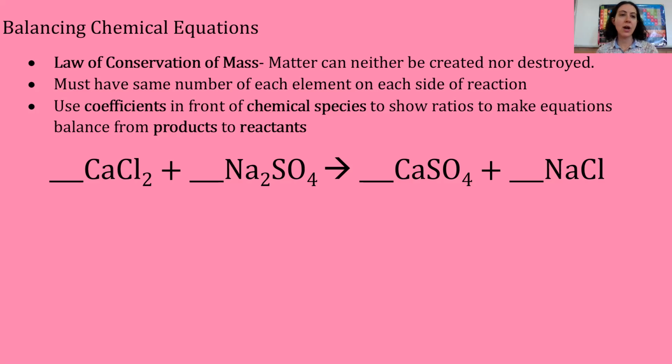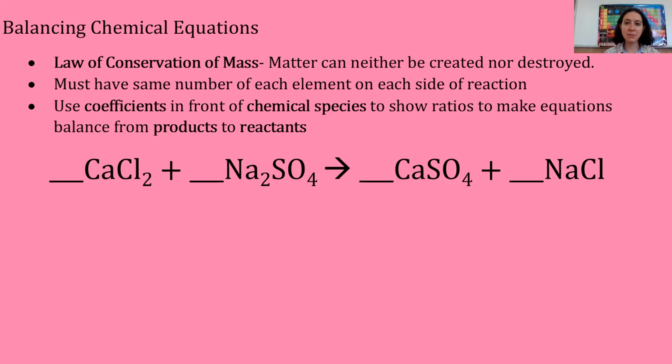So to do this, it's kind of similar in a way, mathematically and I guess conceptually, to writing ionic compounds. But this time we're going to use coefficients in front of chemical species to show that ratio, to make sure that they're the same on both sides. So taking our example from earlier, this is the exact same reaction that we talked about in chemical equations.